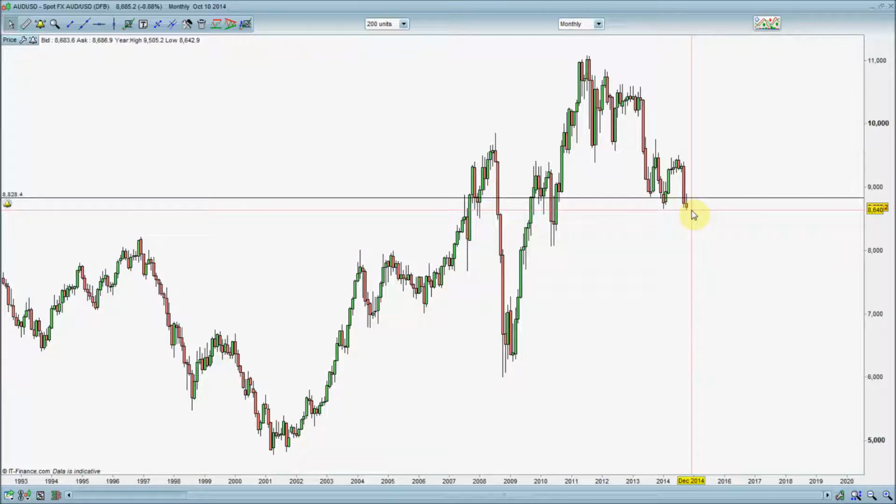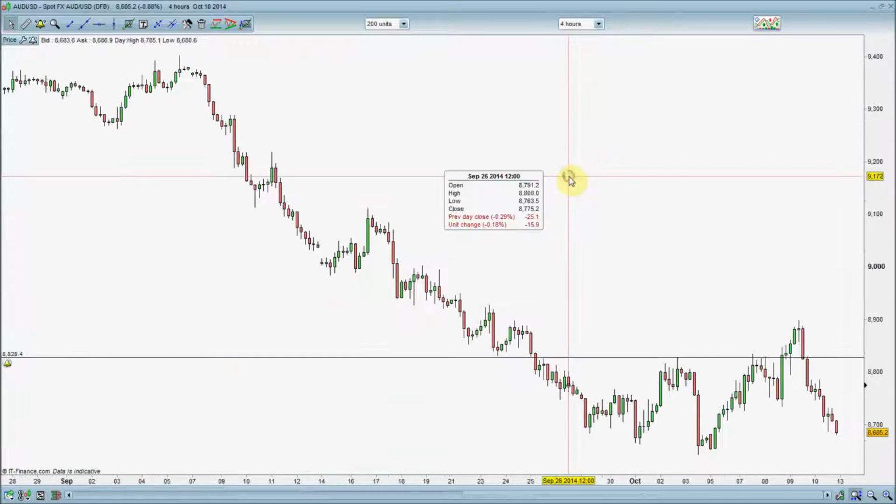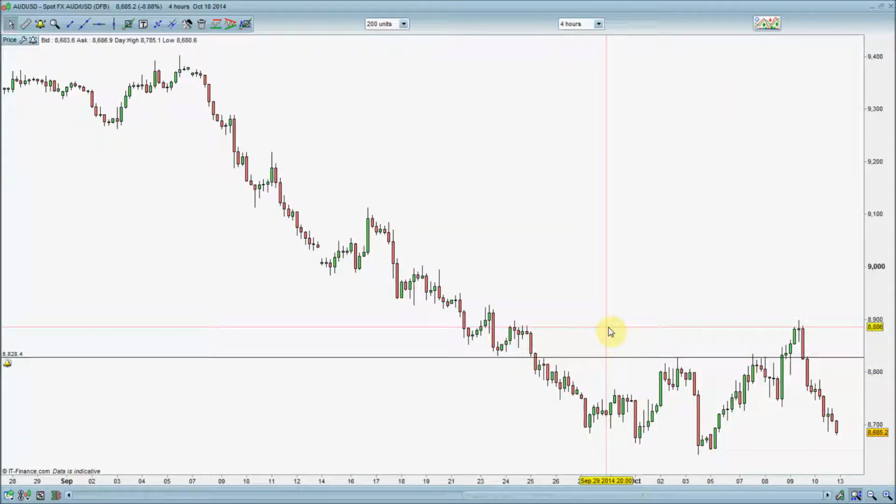So again, we could look to see if that breaks through the 83630 level. But at the moment, in the short term, i.e. next week, we could look to take sell positions just on the pullback on this most recent downtrend on the 4-hour chart.